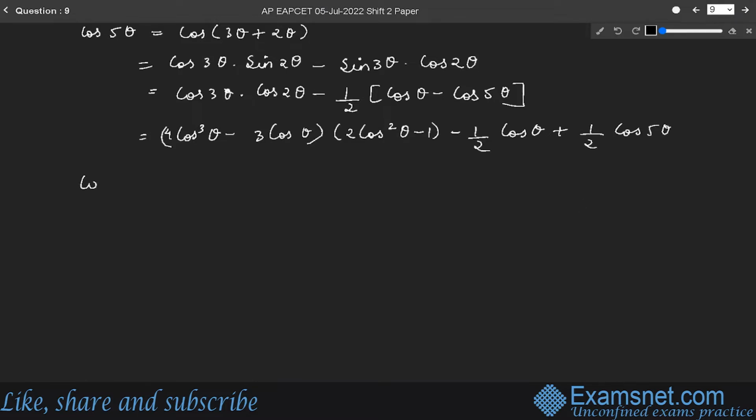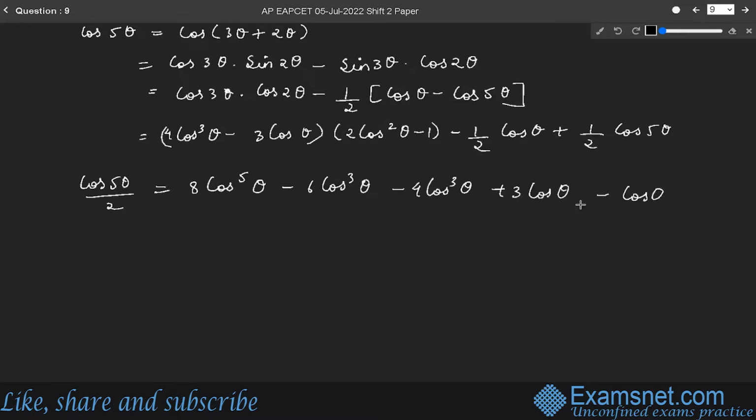Now we know that cos 5 theta by 2 will be equal to 8 cos power 5 theta minus 6 cos cube theta minus 4 cos cube theta plus 3 cos theta minus cos theta upon 2. So cos 5 theta by 2 will be equal to 8 cos power 5 theta minus 10 cos cube theta plus 5 by 2 cos theta.